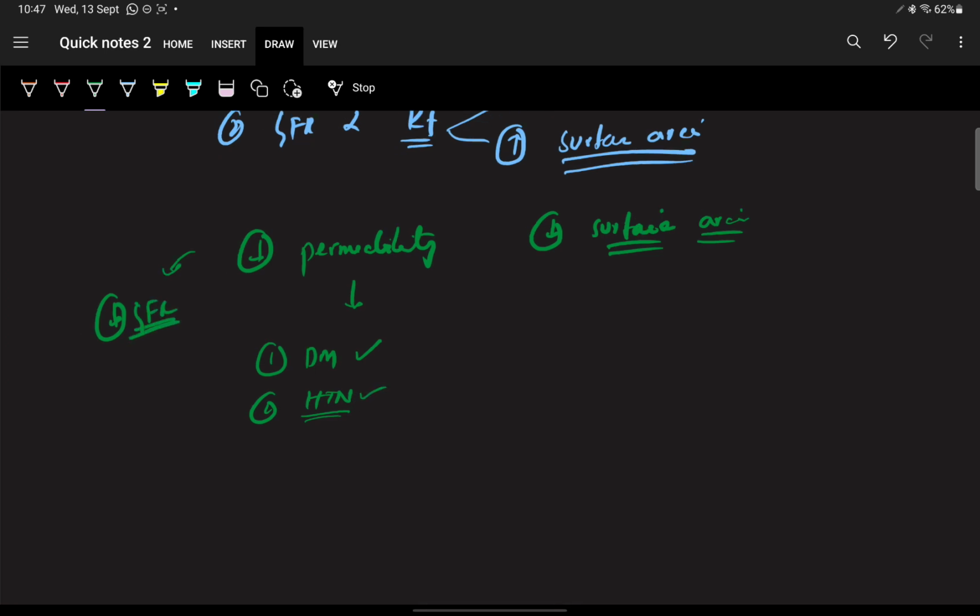Similarly, in long-term hypertension, the permeability will decrease and GFR will also decrease. And a condition where the surface area will decrease is pyelonephritis, infection of the kidney. This pyelonephritis will cause fibrotic changes in the kidneys, and this will cause a decrease in surface area. So obviously the filtration coefficient will decrease and GFR will also decrease.